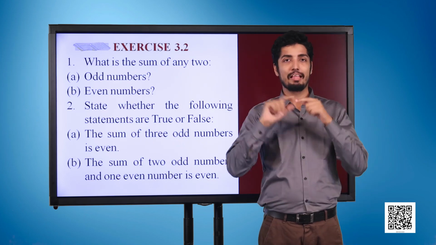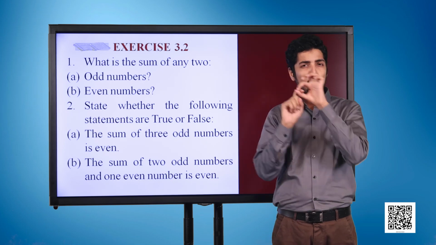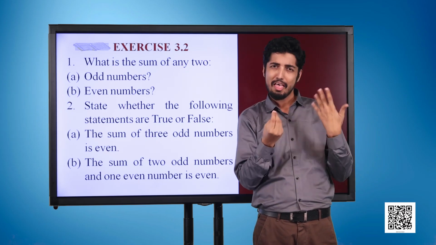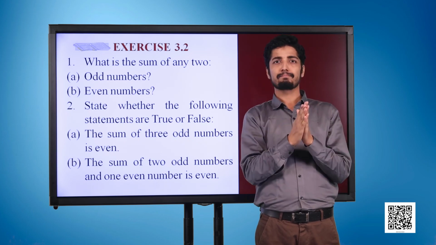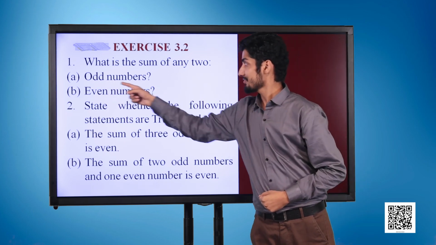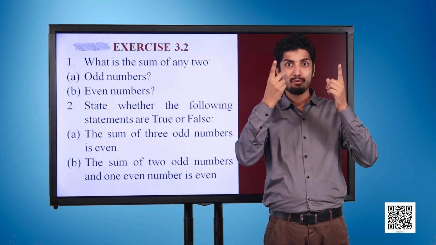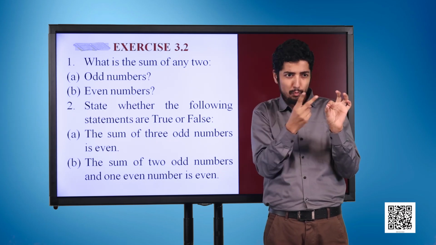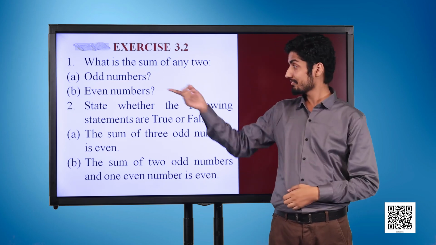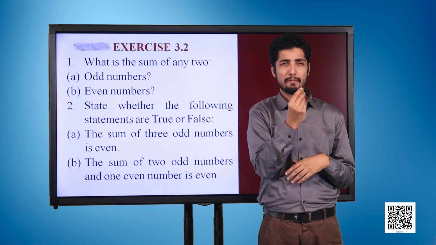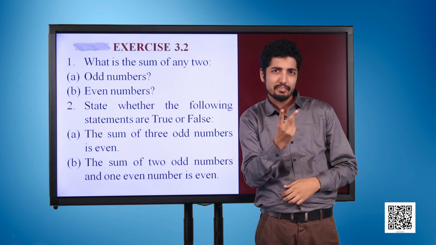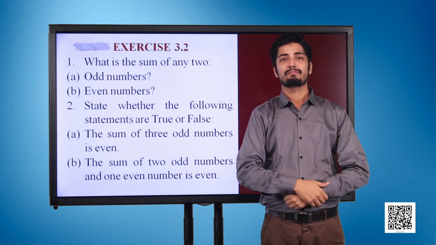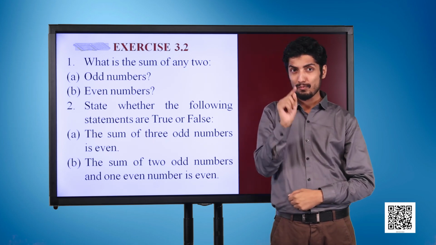Exercise 3.2. 1. What is the sum of any two A. Odd numbers, B. Even numbers? 2.